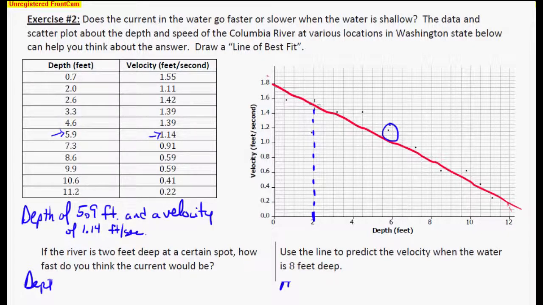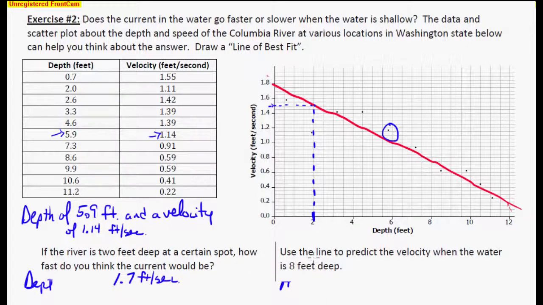We go up until we hit the line, and then we slide right over to this point right here. And let's see, this is 1.4, this is 1.6, so it looks like every 2 blocks is 0.1. So that point right there would be 1.7. What's the units here? Feet per second.